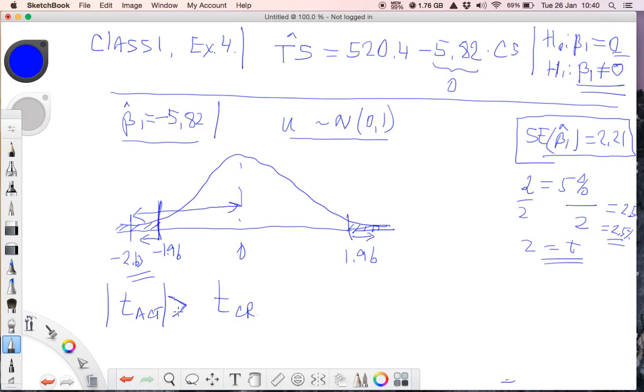What's the decision? Well, we now have strong evidence that at the 5% level the coefficient estimate here is significantly different from 0.